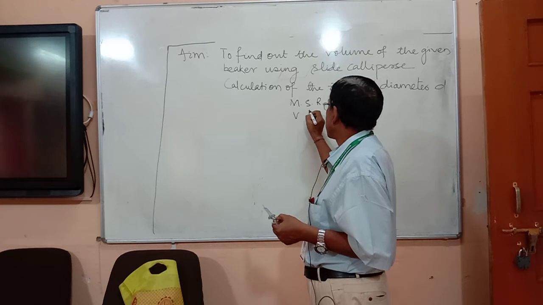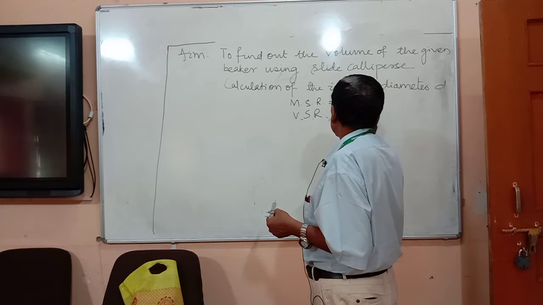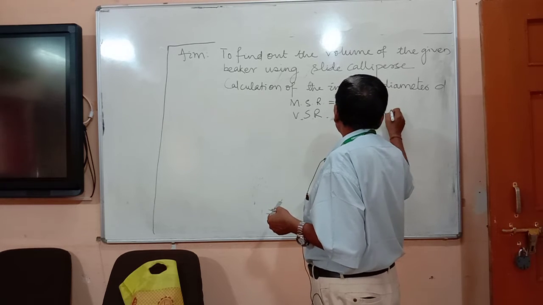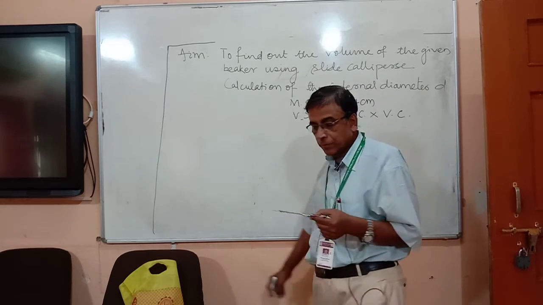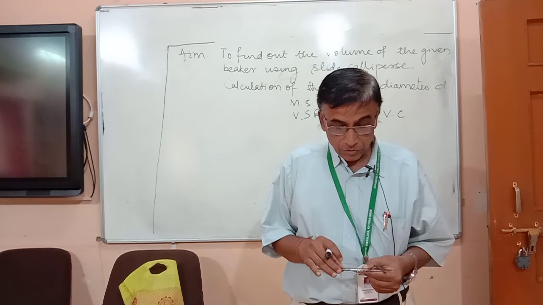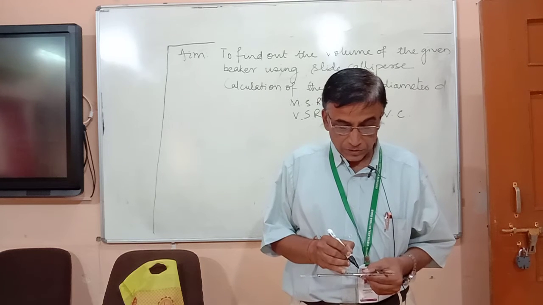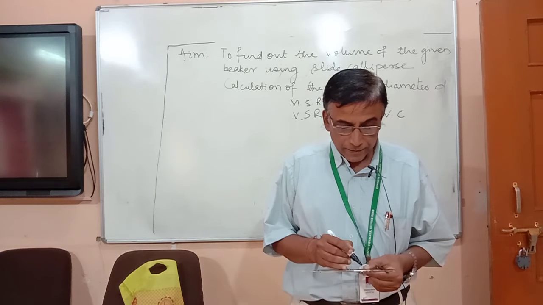Then what is VSR? VSR is least count into vernier coincidence, or vernier constant. What is that vernier coincidence? We have to see which division of the vernier scale is coinciding exactly with the main scale.